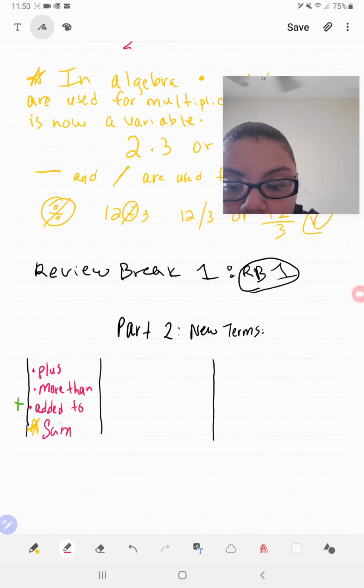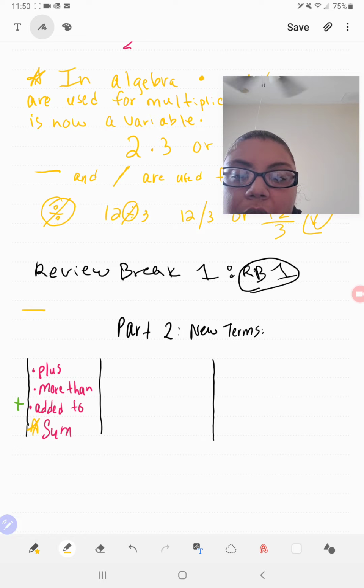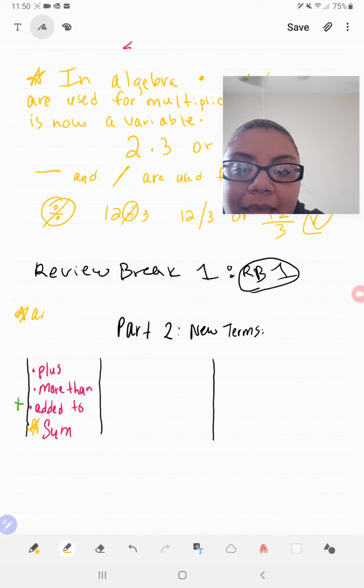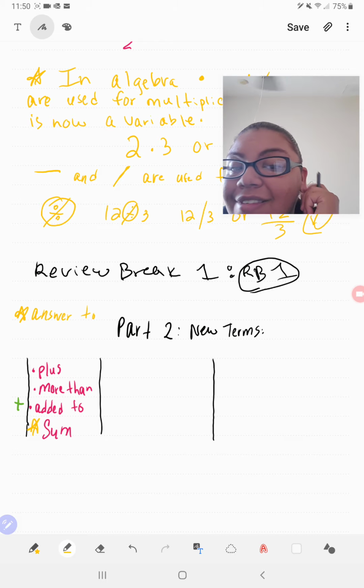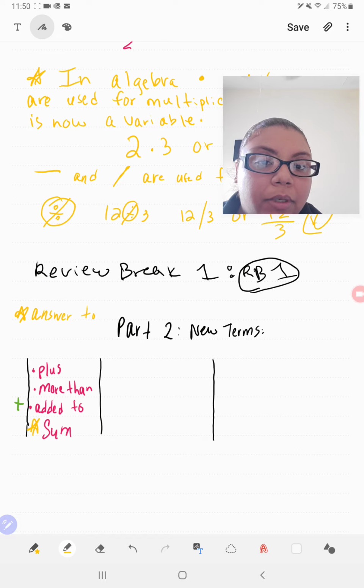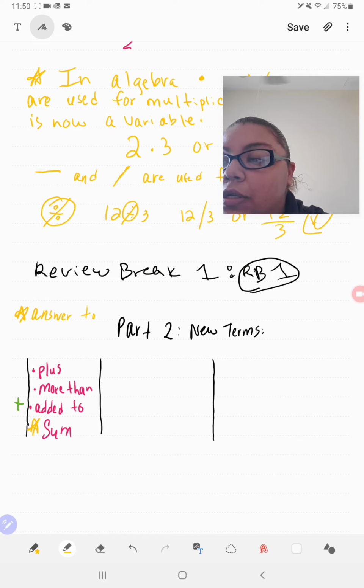Sum. On the top or somewhere, make a note over here if you have space. Anything with a star in this table is the answer to. So the sum is the answer to an adding problem. If I have 2 plus 3 equals 5, 5 is the sum. It's the answer. So you guys have to know that one.